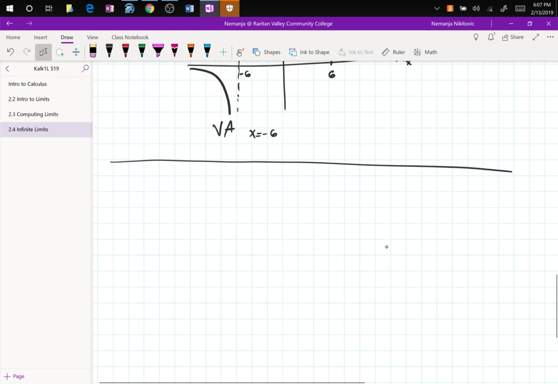Now, here is a very simple application that shows off the asymptotic behavior and what it does in nature. Well, nature being a room. So, Ohm's law for electricity says that current is voltage divided by the resistance.